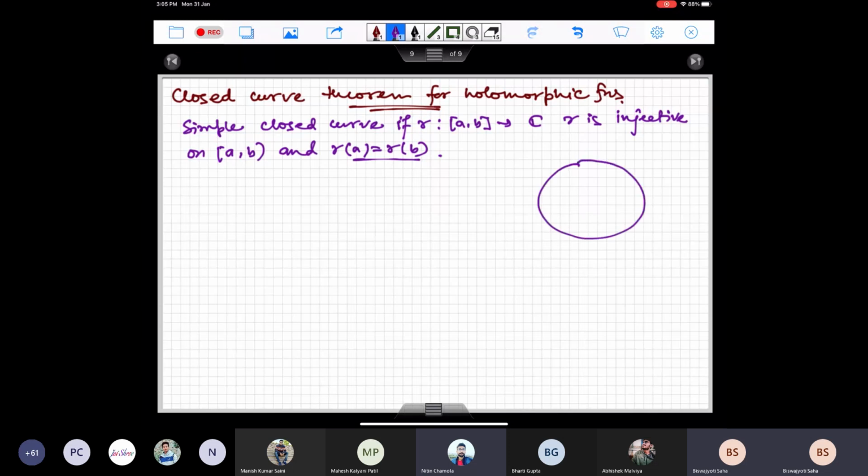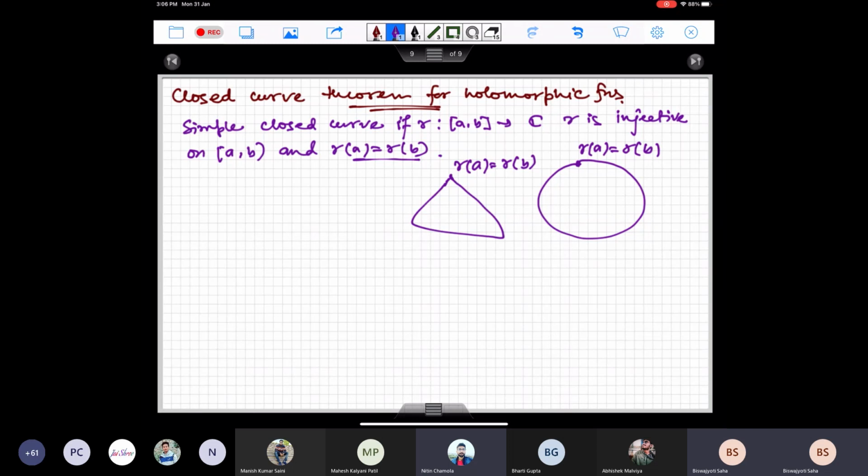Let's say this is a circle, or let's say I have a triangle, which is given by a closed curve. This is the point which is both gamma A and gamma B. Just from the picture, it might not be clear in which direction the path was traced.